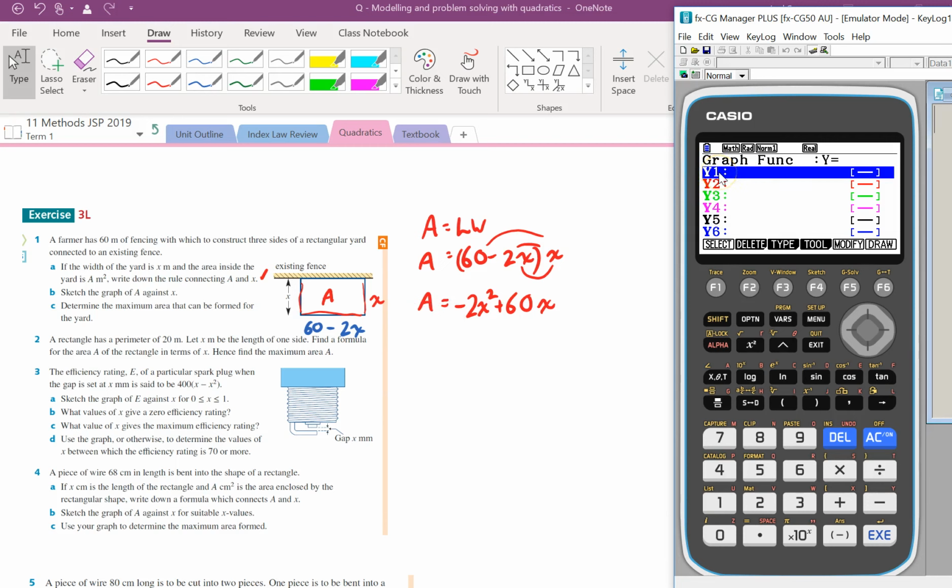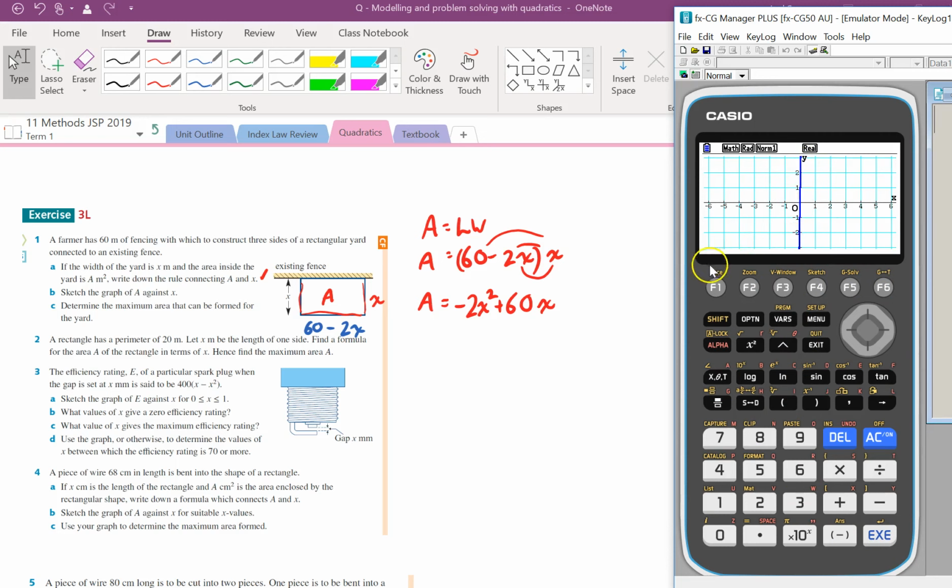So y equals negative 2, and use this x over here, squared plus 60x. And I'm going to draw it. And you can see it's not really doing much of a good job here, so I'm just going to use the F2 button, which is the zoom button, and I'm just going to ask it to do an auto zoom. Hopefully that gives us a better one.